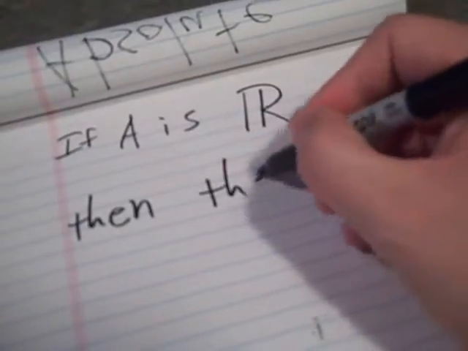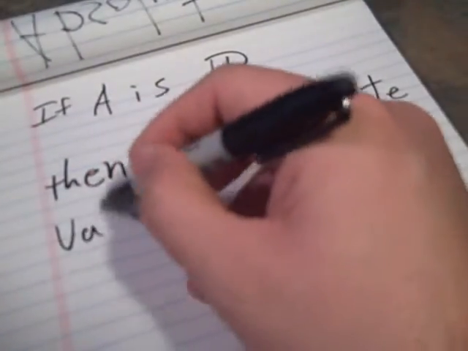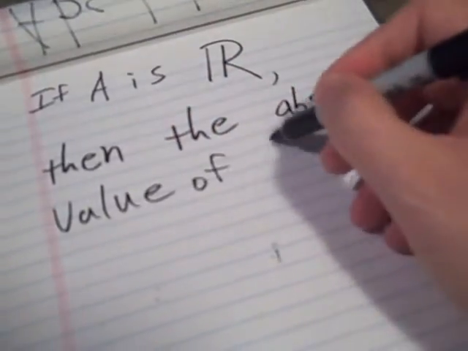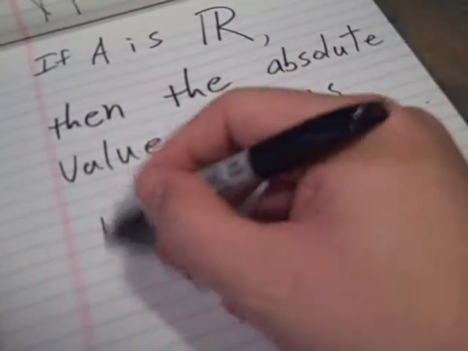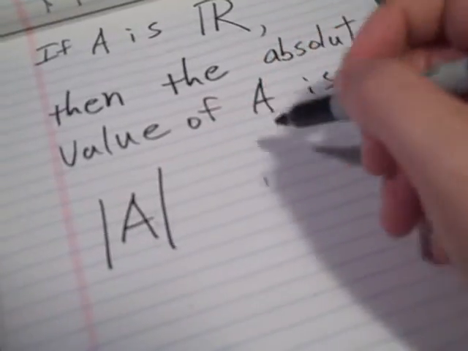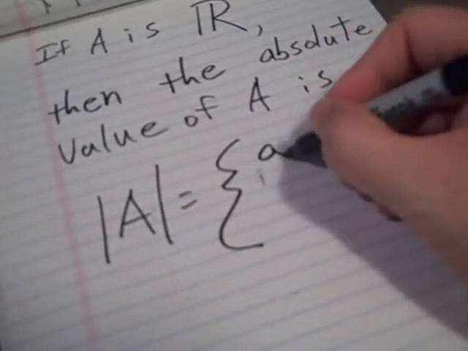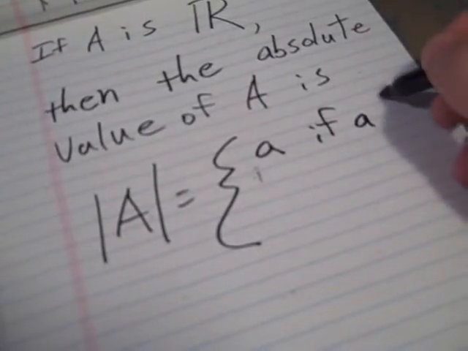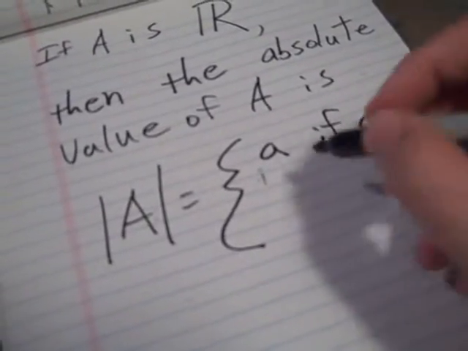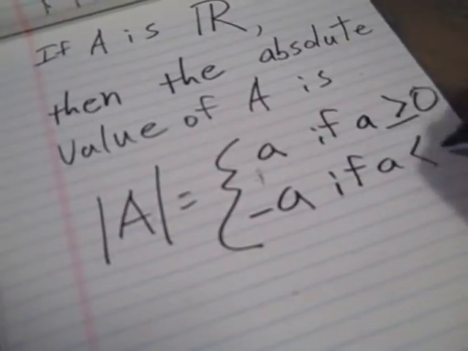then the absolute value of A, and you write it like this, equals A if A is greater than or equal to 0, and negative A if A is less than 0.